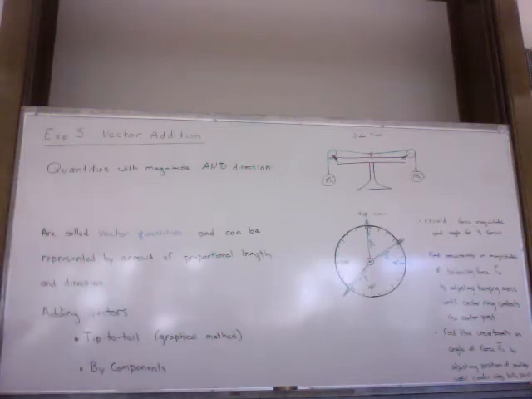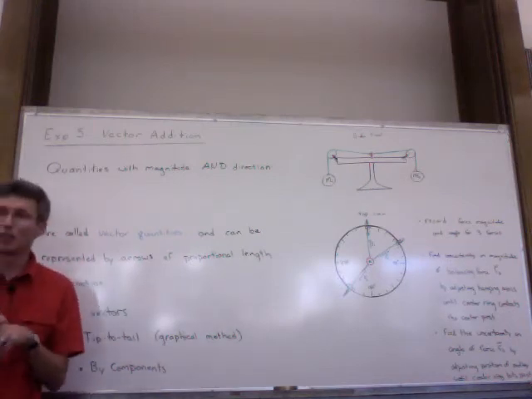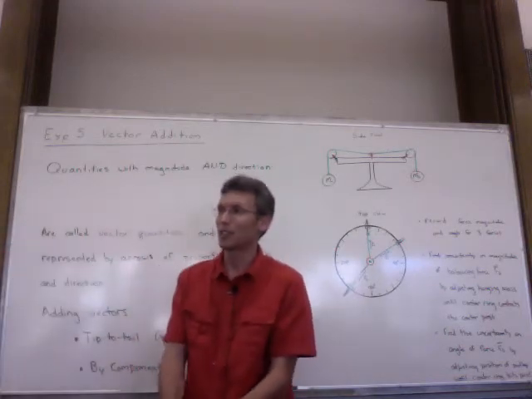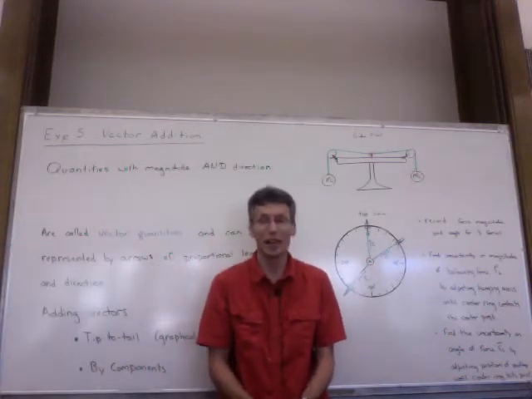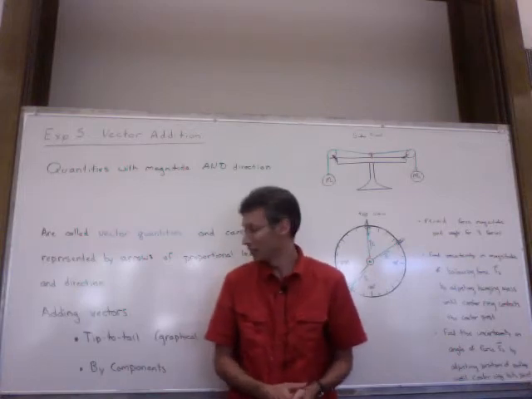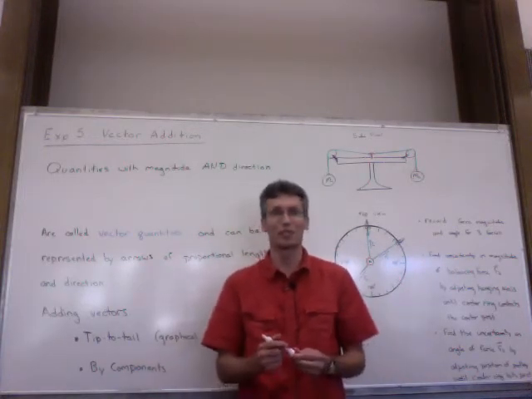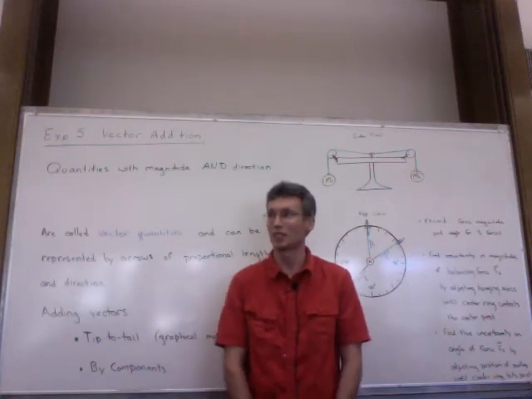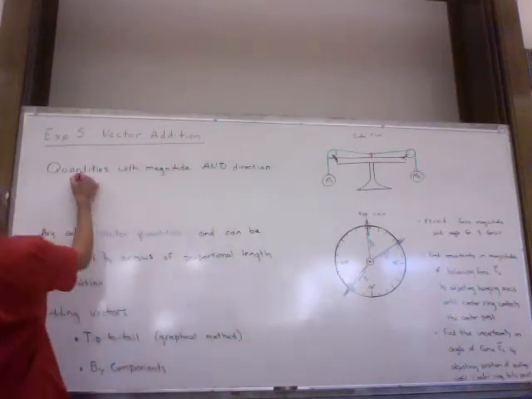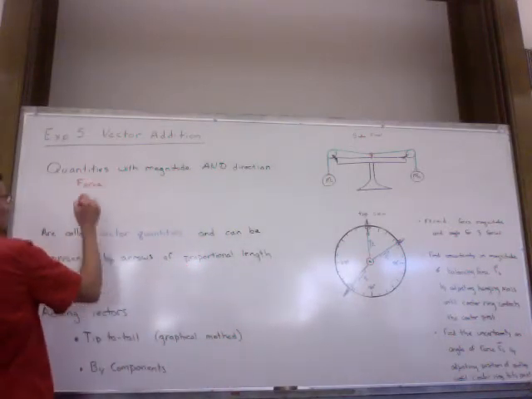Okay, so before we go any further, just a quick review of what vectors are. A vector quantity is a quantity that has a magnitude and a direction. Right? There's a lot of these in physics. Can you give me some examples? Force. Okay, good. How about another?